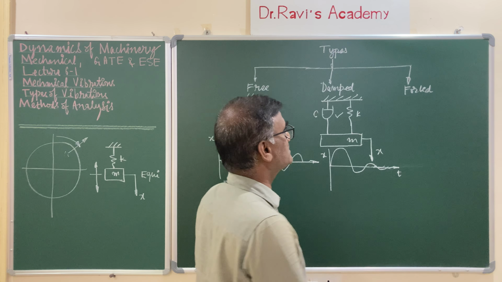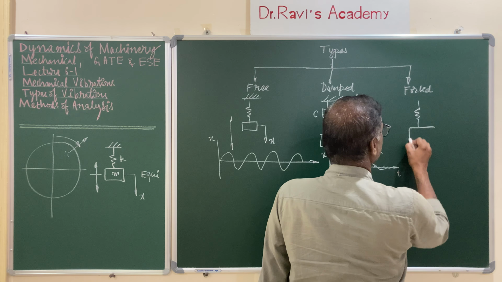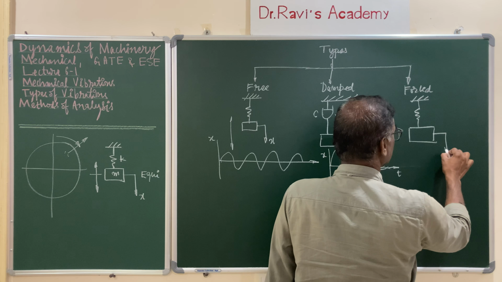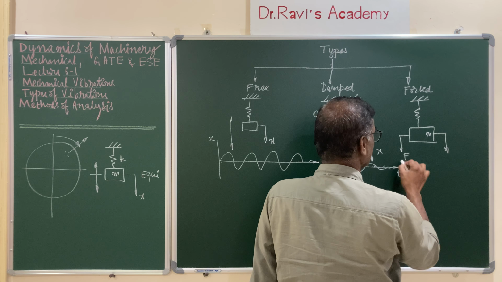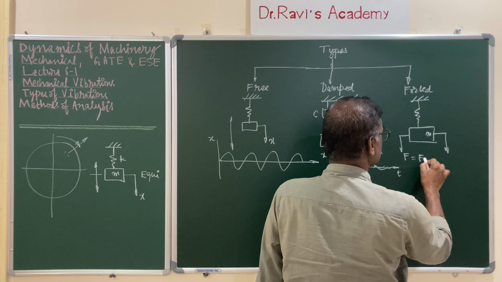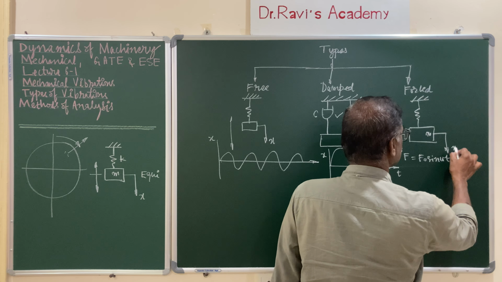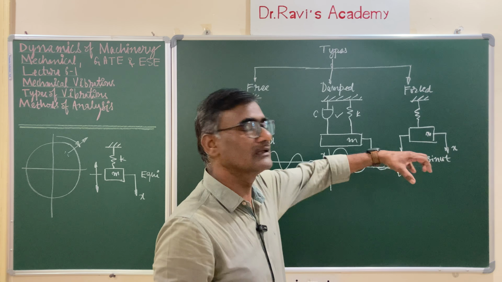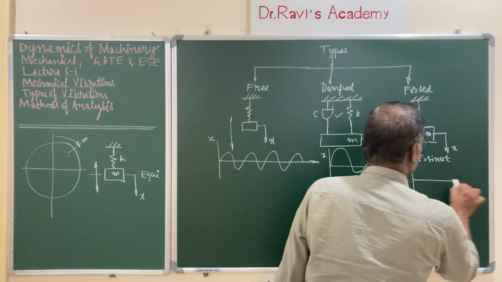The forced vibrations, let us look at that. You have a continuous external excitation. Your displacement is downwards, it is mass, and a periodic force is acting. The periodic force is F naught, let us say sine omega t. This is the force and this is the displacement. Because of this external force acting continuously and periodically on the body, the vibrations are going to exist continuously.